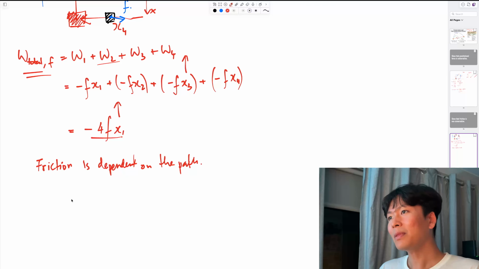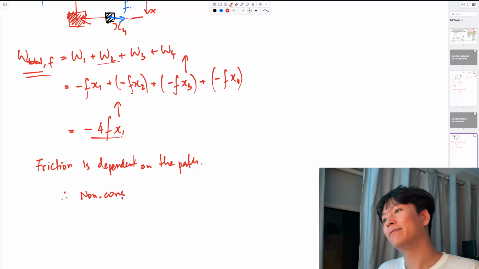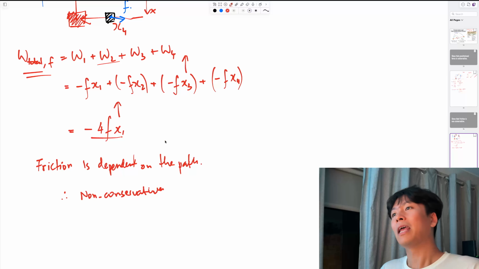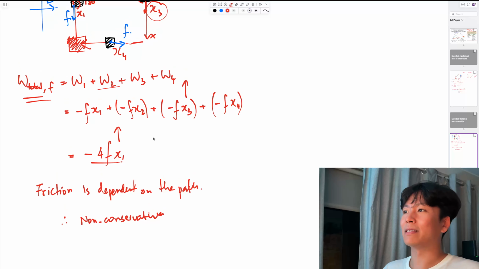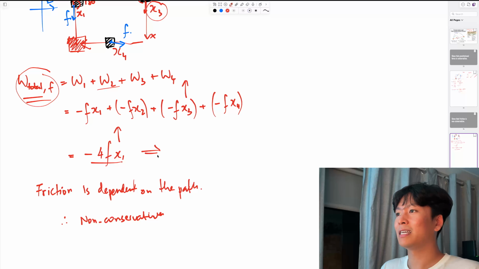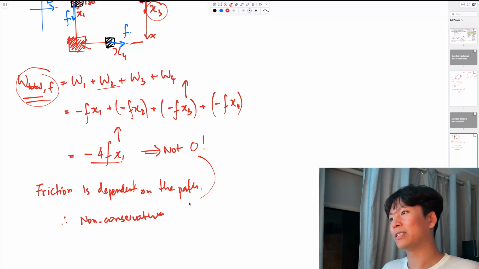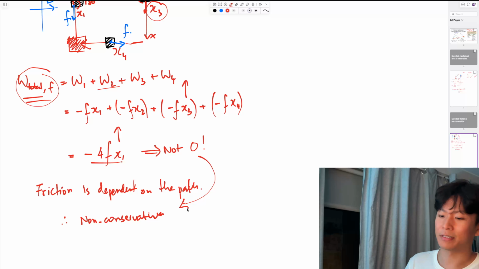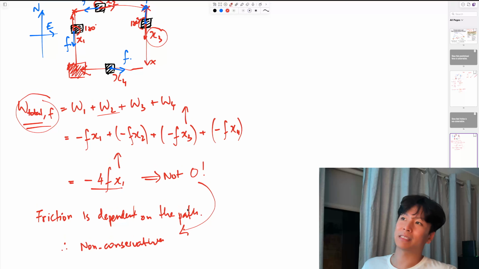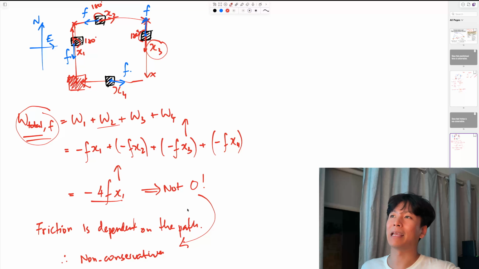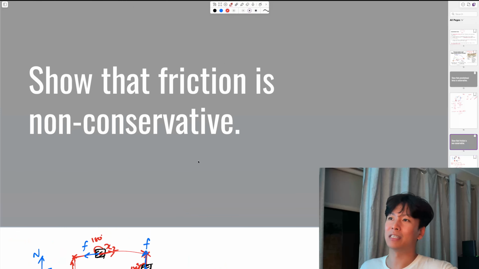Therefore, friction is a non-conservative force. You can also make the argument that the sum of the work in a loop is not 0. So this here, not 0. Therefore, it's also a non-conservative force. So both arguments are equivalent, and they essentially show that friction is a non-conservative force, okay?